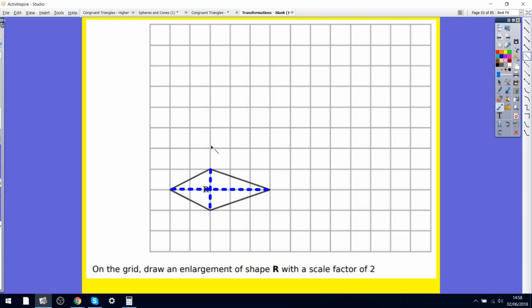So it'll be up 4 squares. So let's pick here. So 1, 2, 3, 4. Okay.